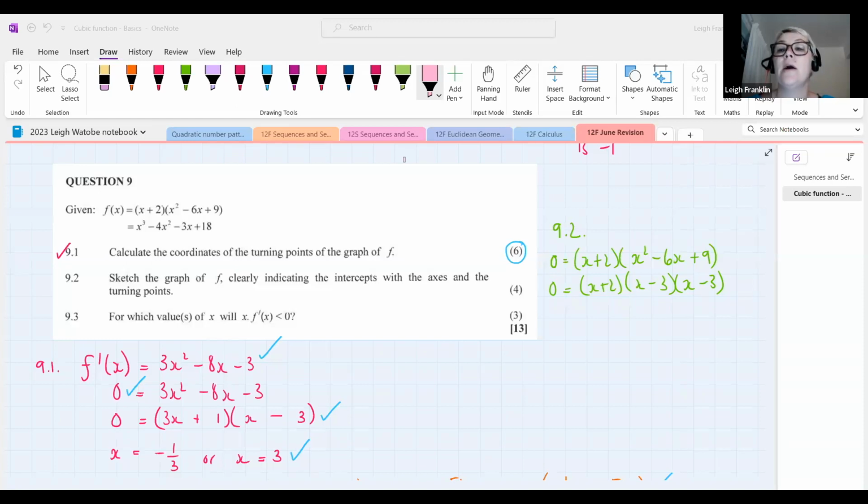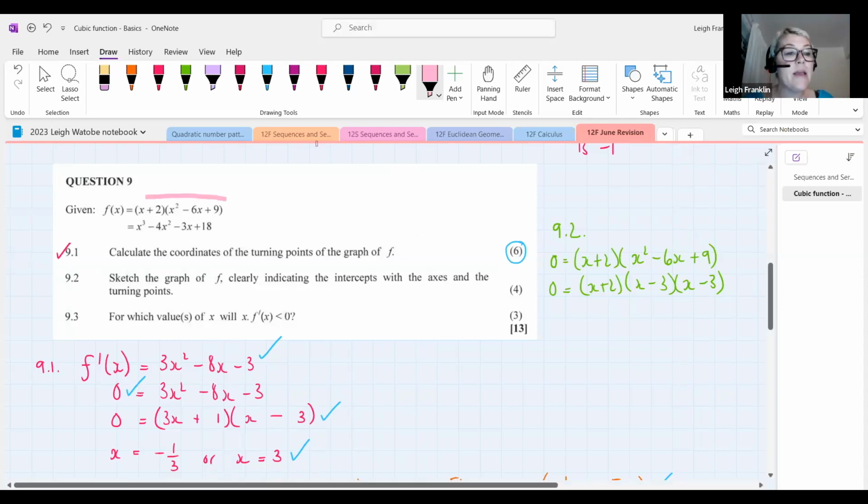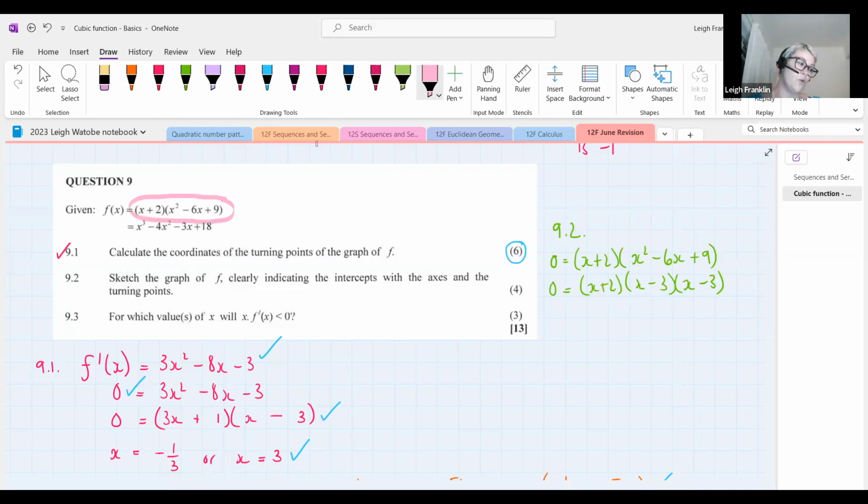Okay, Lebogang, nice. I don't know if you noticed up here, guys, they gave you f of x already factorized. So you didn't have to do synthetic division or inspection in this case. You should have discovered that x was equal to -2 or x was equal to 3.